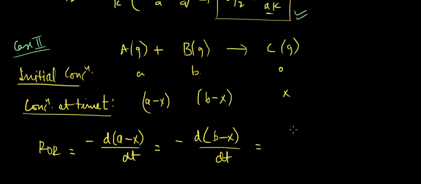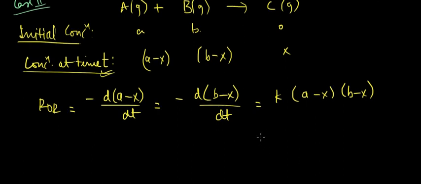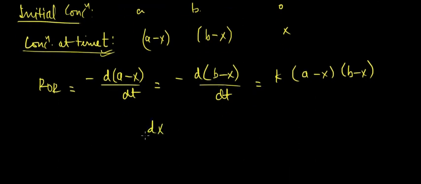Then it should be equal to the rate constant times (a minus x) times (b minus x), as it is a second order reaction and we are considering the concentration of both the reactants at time t. So from both the equations we can write dx by dt would be equal to k times (a minus x)(b minus x).